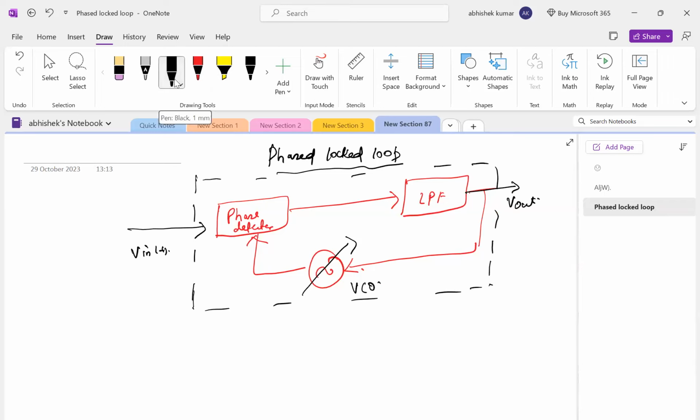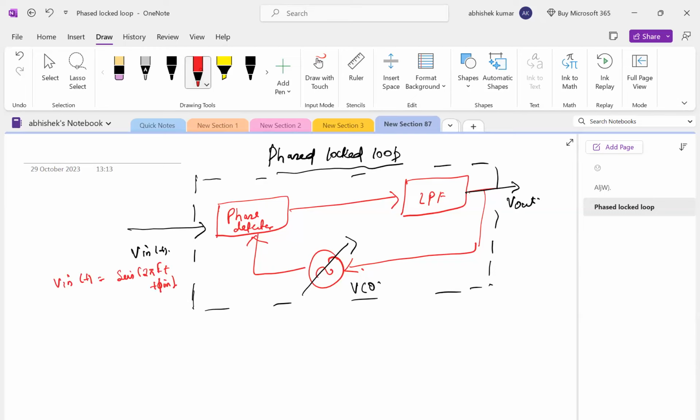So what happens? We have the phase detector. Suppose we have an input signal here, sin(2πft + φ_in).